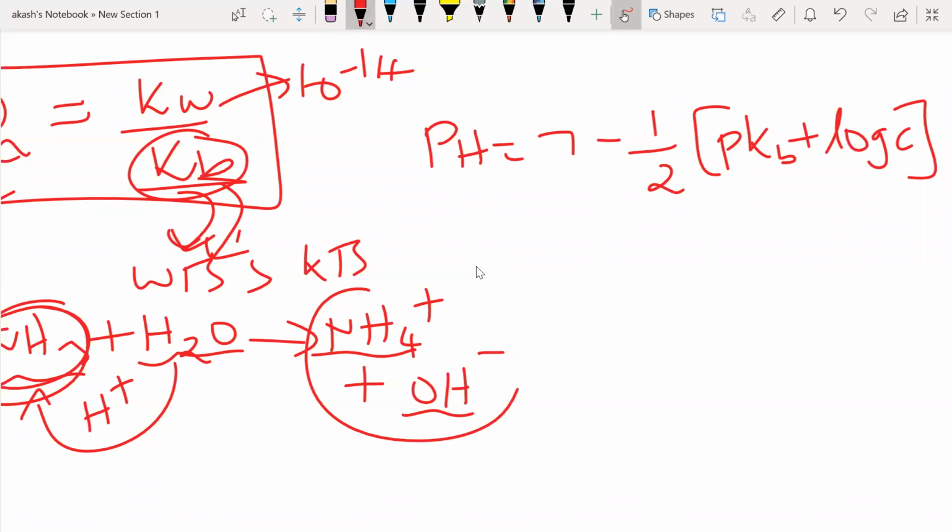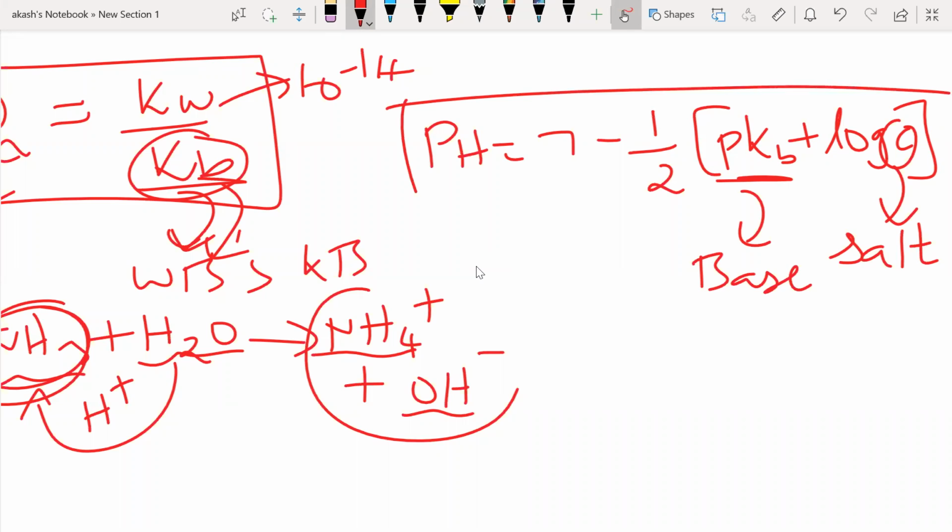Obviously the pH should be less than 7. pKb is the pKb of the weak base, and C is the concentration of the salt. So two formulas you have to remember: one for the hydrolysis constant, and another for the pH value of the acidic salt.